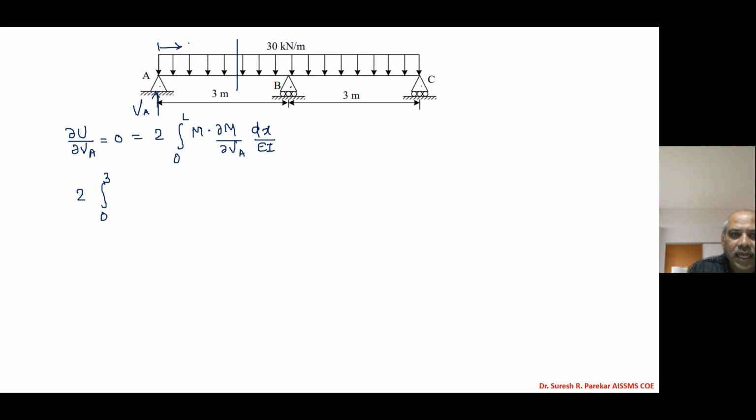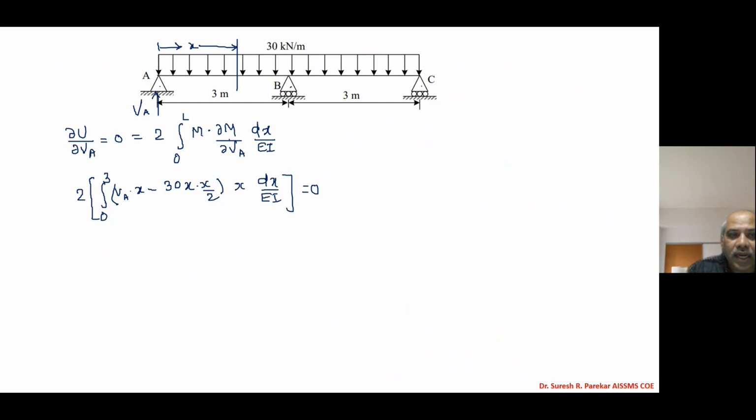So we have this as X. And then we will get 2 times integration 0 to 3, (VA into X minus 30 X into X by 2) into dabba M by dabba VA, which is X, and whole into dx upon EI, and that is equal to 0.